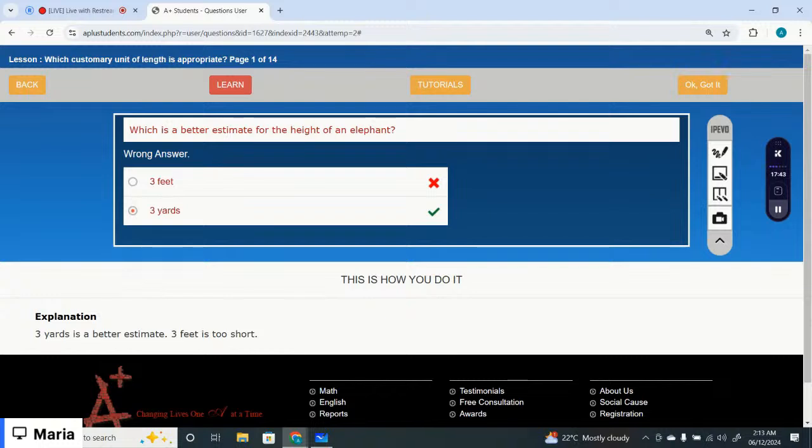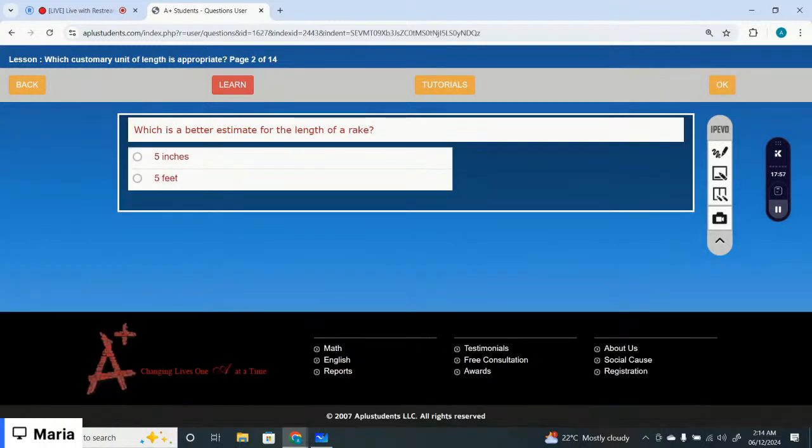Okay, the next one is which is a better estimate for the length of a rake?